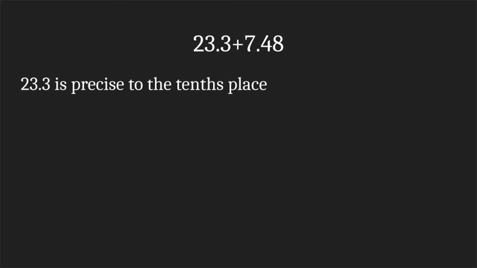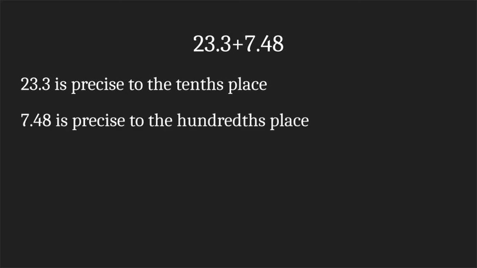Now, here we have 23.3 plus 7.48. So now, let's identify what each number is precise to. 23.3's rightmost significant figure is the 3, and is therefore precise to the tenths place, while 7.48 is precise to the hundredths place. So now, which is least precise?